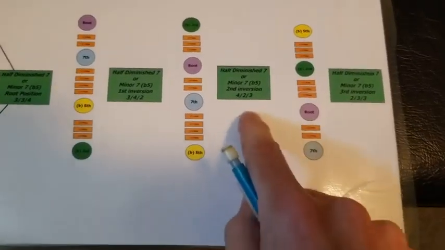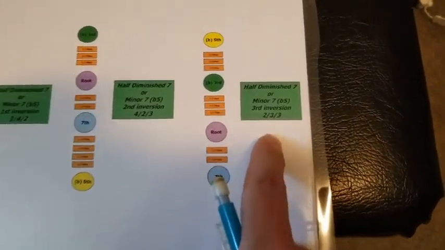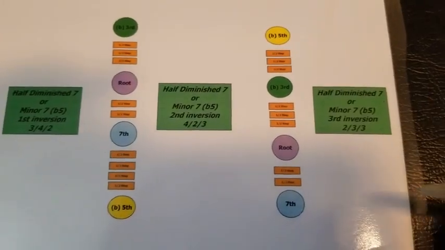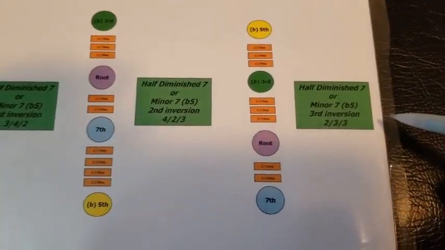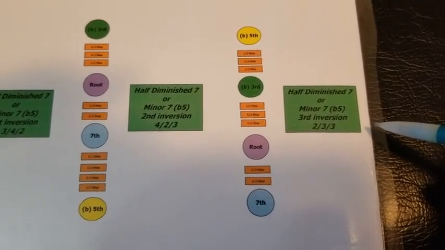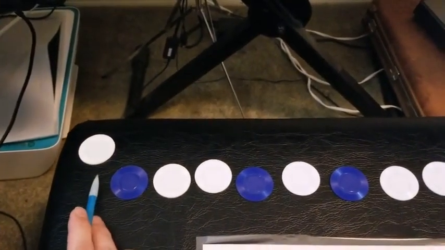Okay, starting on A, we're going to do our third inversion. We take the fifth to the top, which will be a 2, 3, 3 position. Half diminished 7 in third inversion. So 2, 3, 3, starting with A. This is your 7th.